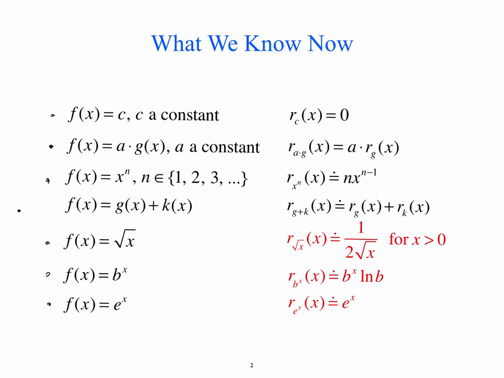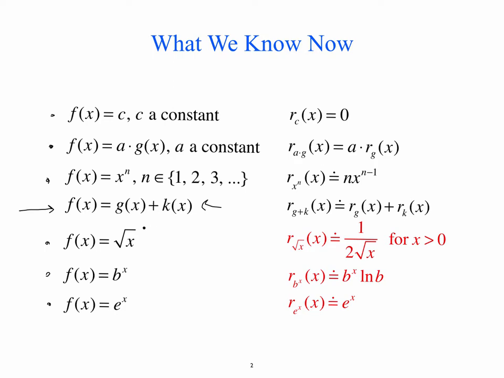But then we get to this rule, and it's a function defined using other functions, right? In particular, it's the sum of two functions, okay? And so what I want to draw your attention to is that this is a structurally complex function in the sense that its structure is a sum of two other functions, okay?